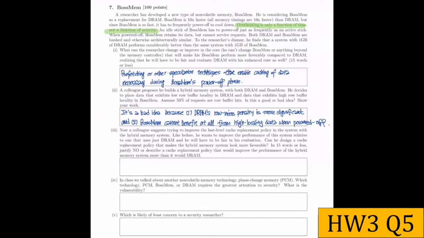Can he design a cache replacement policy that makes this hybrid memory system look more favorable? In 15 words or less, justify no or describe a cache replacement policy that would improve the performance of the hybrid memory system more than it would DRAM.